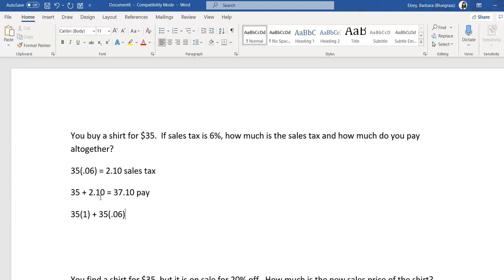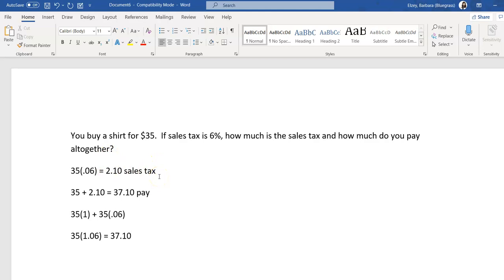So it turns out that there is a shortcut, and that's to take the $35 and multiply it by 1.06. Notice this 1 plus this 0.06. And this will give us the $37.10.